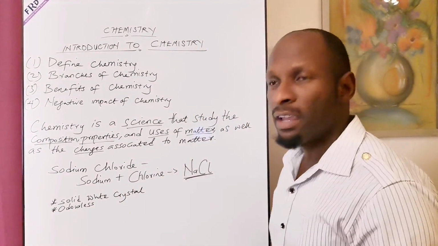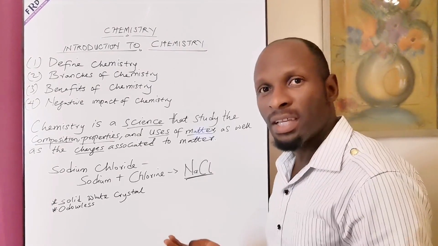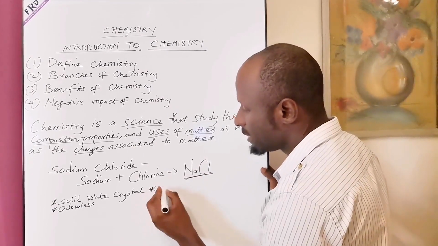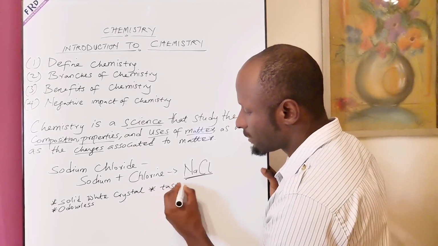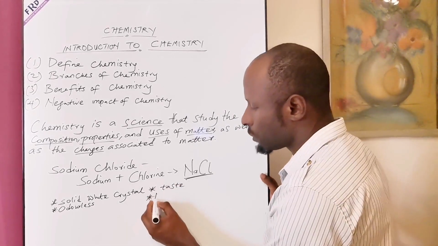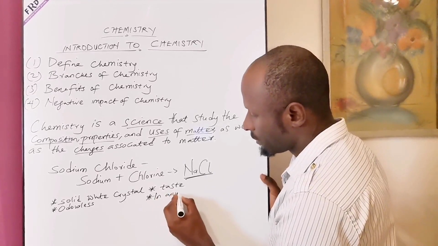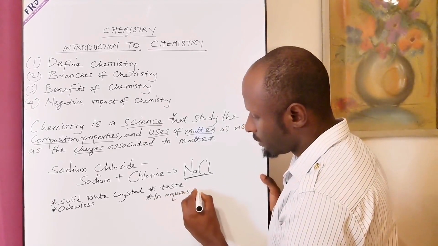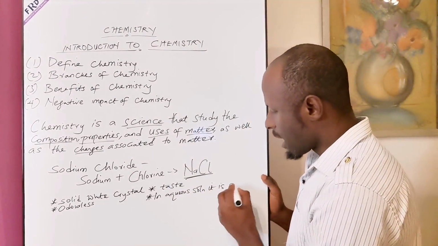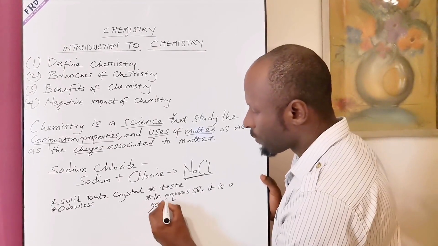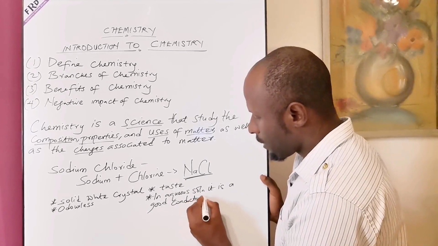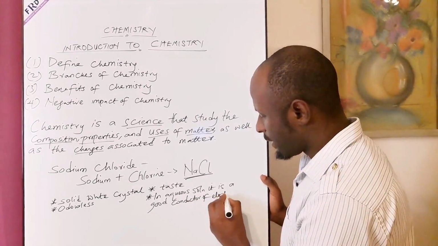Then another thing that you can associate, or another character that you can associate with sodium chloride is what? It has a taste. Then in aqueous solution, it is a good conductor of electricity.